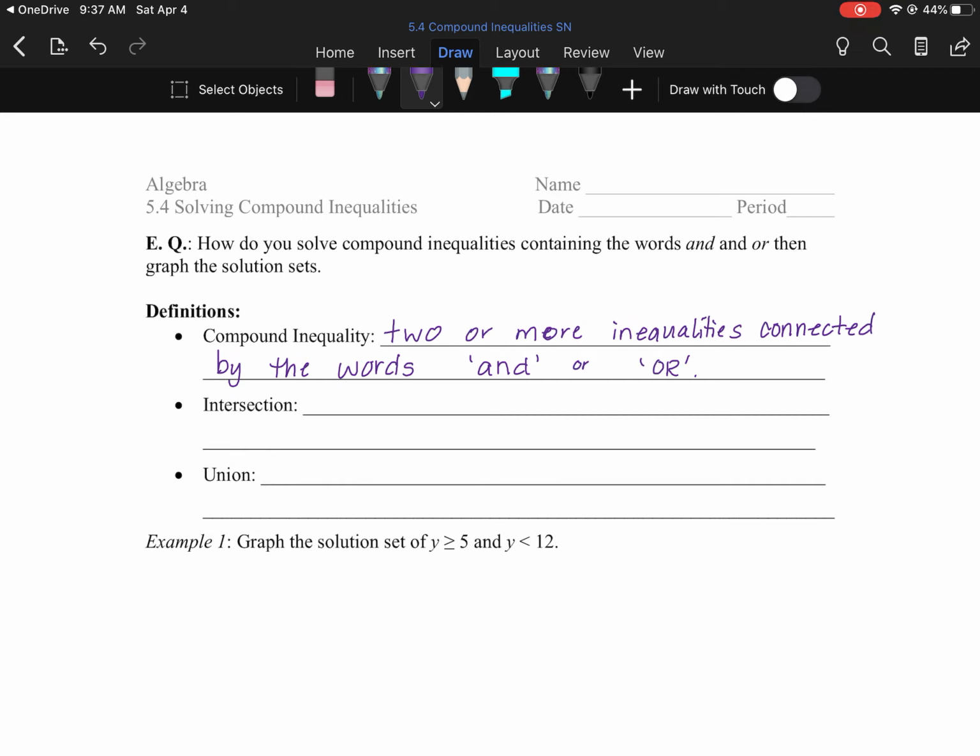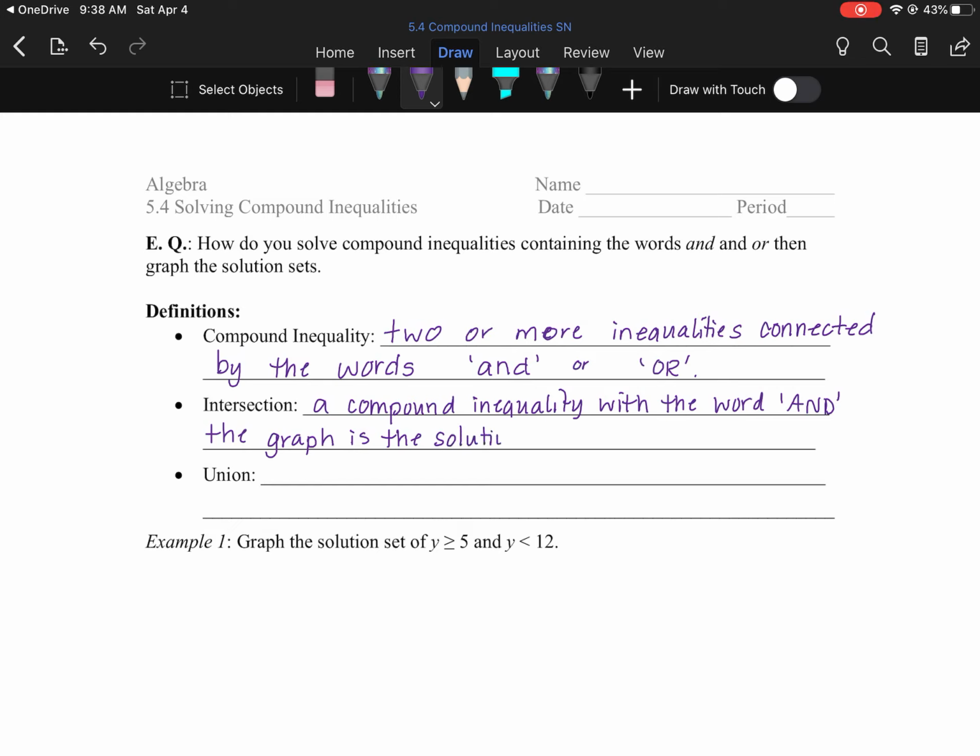So we're actually going to look at those two right now with intersection and union. So intersection is a compound inequality with the word and. Okay, the graph, because we're also going to be looking at graphs today.